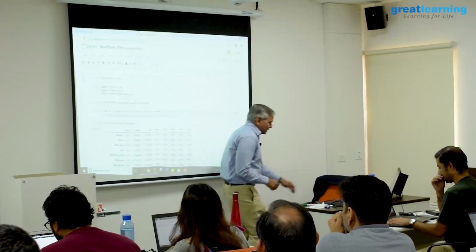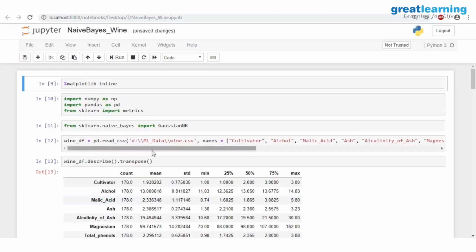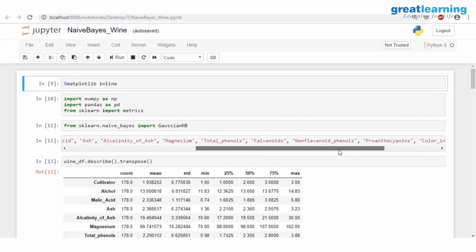If you look at the data set, these are the columns available in the data, which I have noted from that UCI data set: the cultivator, alcohol levels, malic acid, ash, alkalinity. Honestly, I have no idea about these things, but these are the various parameters available.